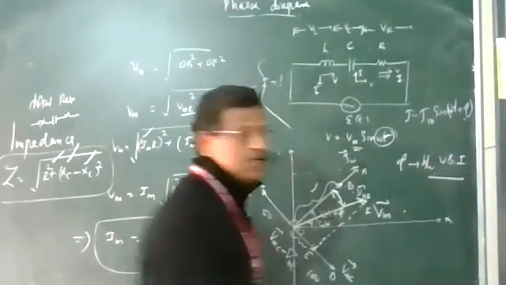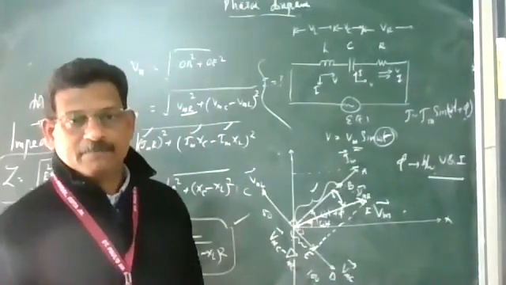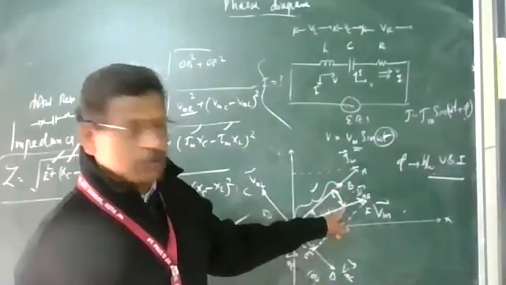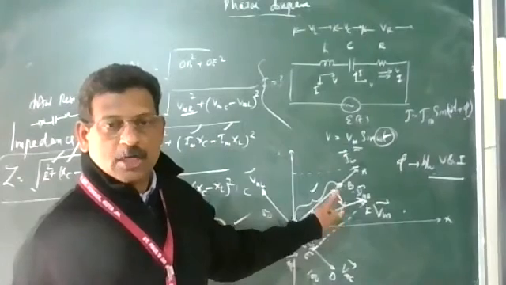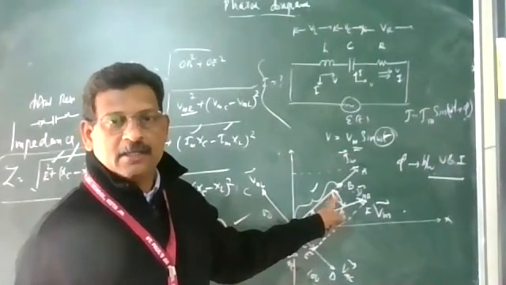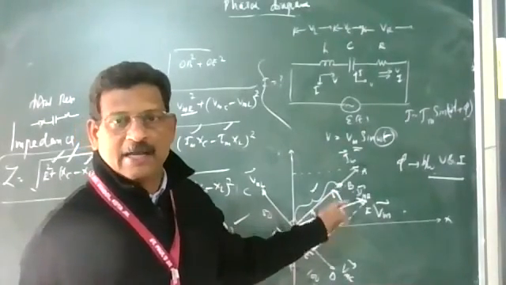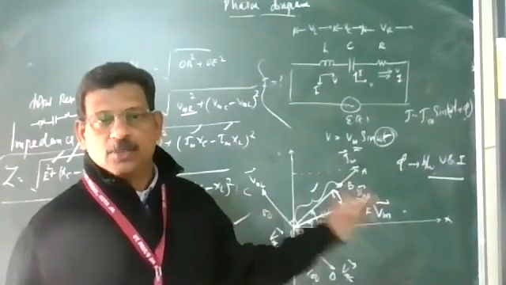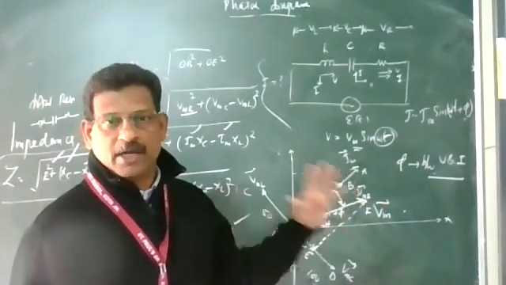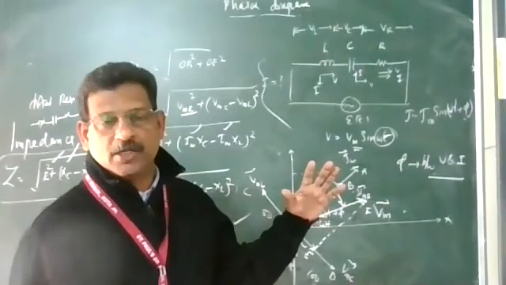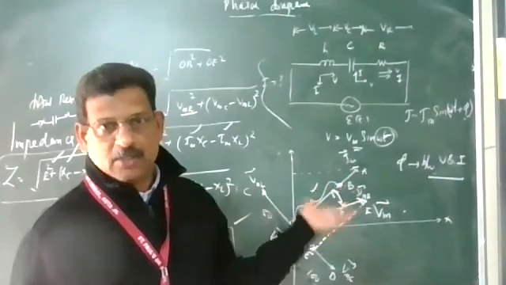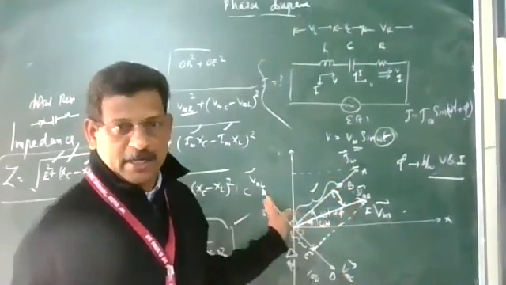In this diagram, who is leading, who is lagging? Here the current is above, and below it is the voltage. The current is leading the voltage by an angle phi. Usually, in an inductor circuit, the current lags the voltage by 90 degrees, but this is an LCR circuit, which has a capacitor as well.